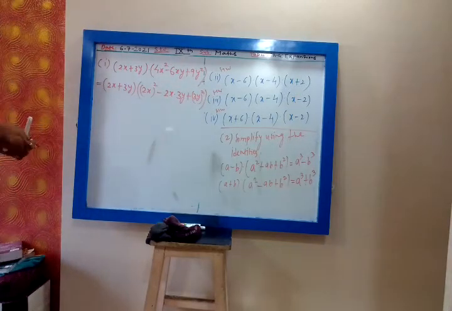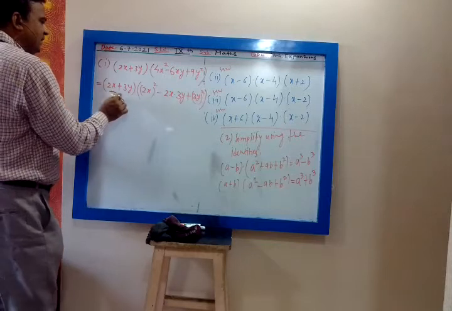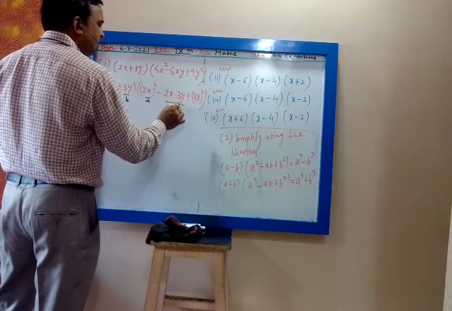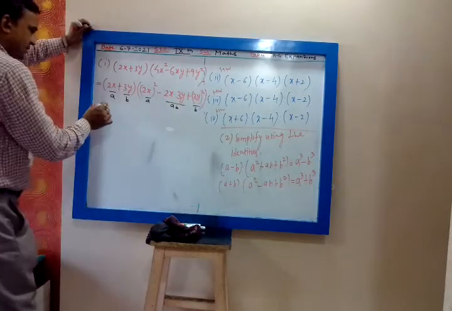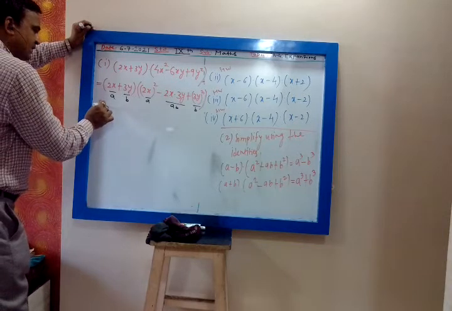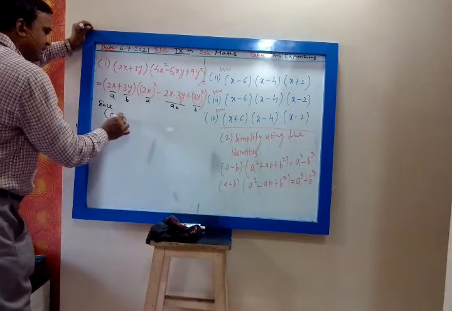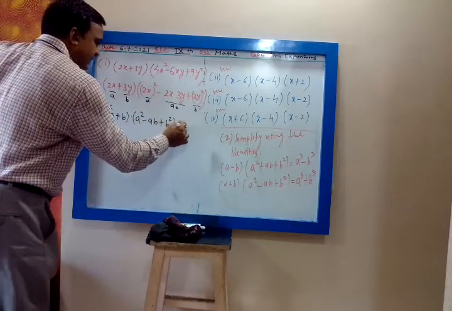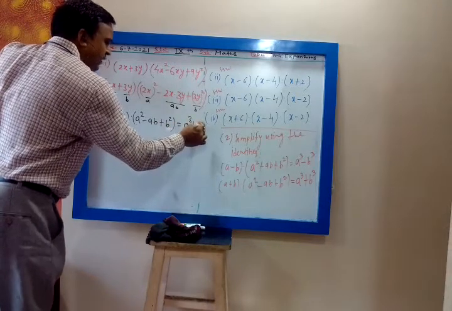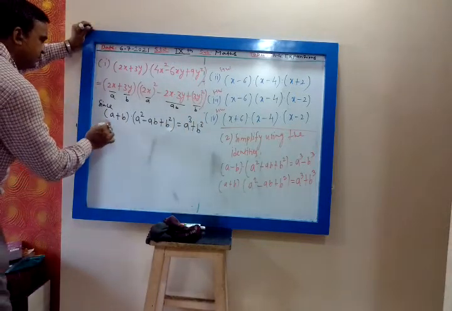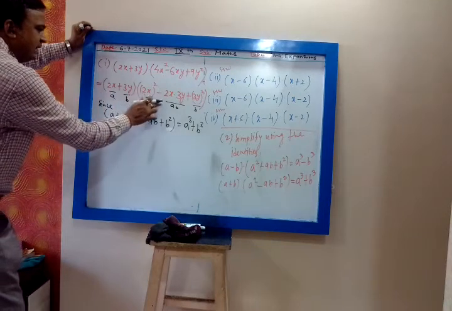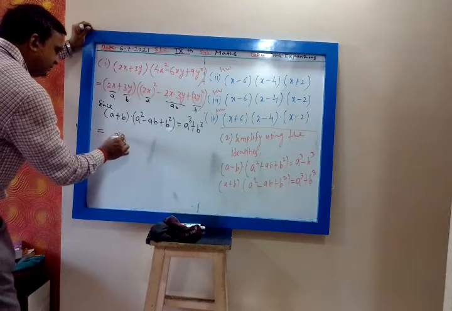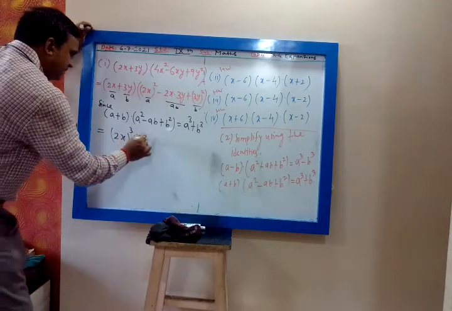So this is of the form: this is my a, this is my b, ab, and this is b square. Since a plus b into a square minus ab plus b square is a cube plus b cube, this becomes a cube plus b cube, that is 2x cube plus 3y cube.